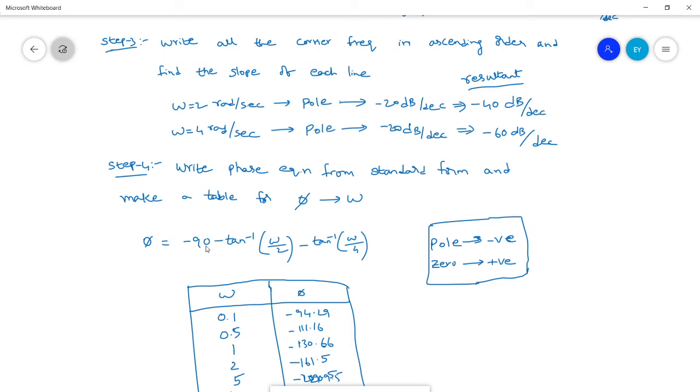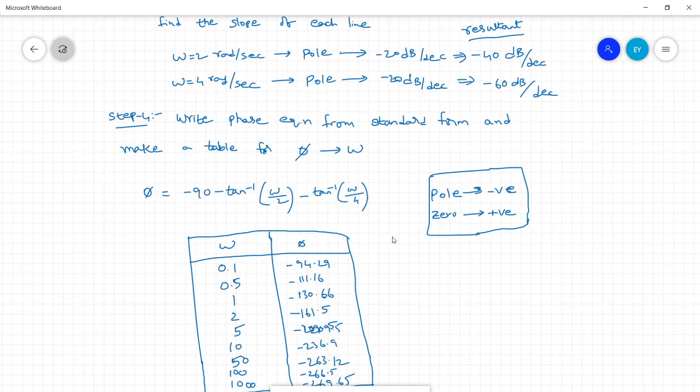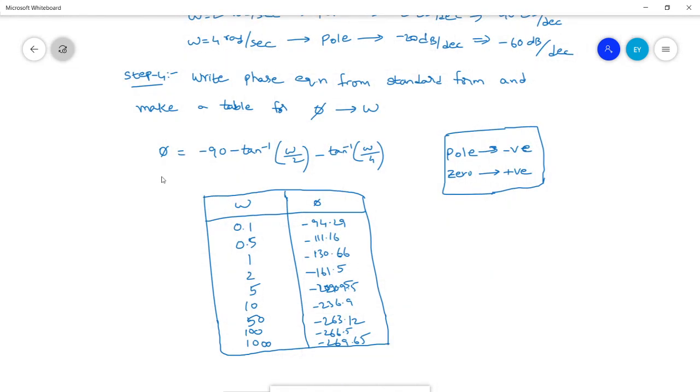At the corner frequency omega is equal to 2, we'll get minus tan inverse of omega by 2. So for another pole, what we have is minus tan inverse of omega by 4. This is for the pole at corner frequency 4, right? So for different values of omega, we need to compute phase.